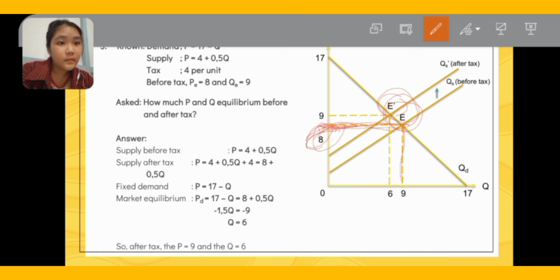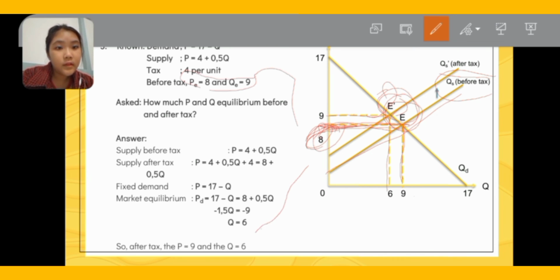The P is 8 and the Q is 9 from here, from before tax. This one, P is 9 and Q is 6, is from here, after tax.